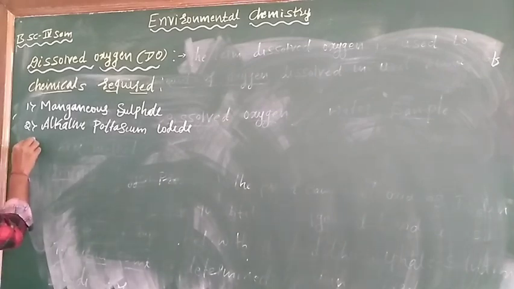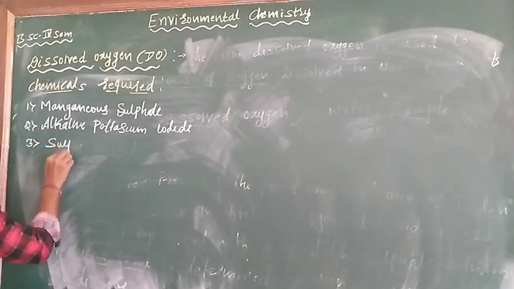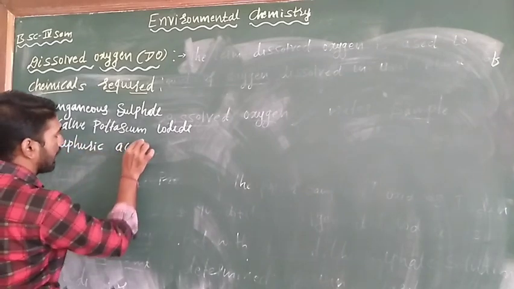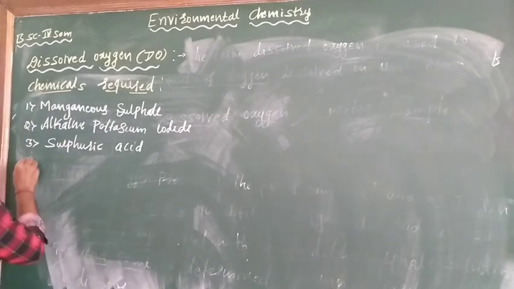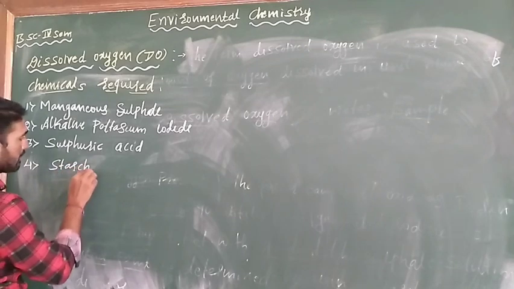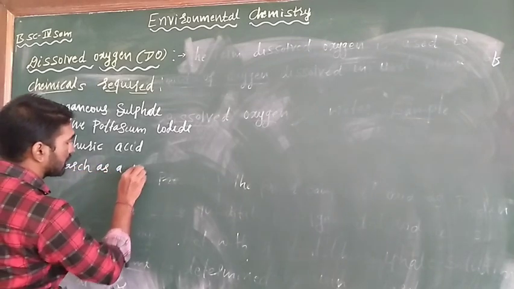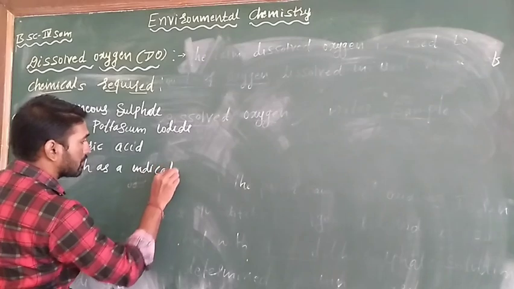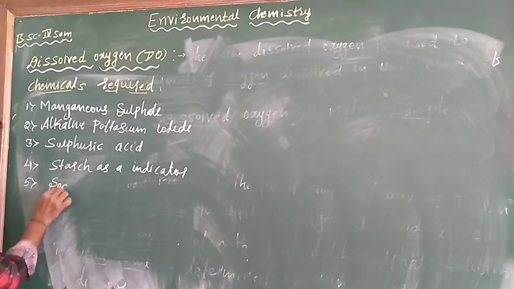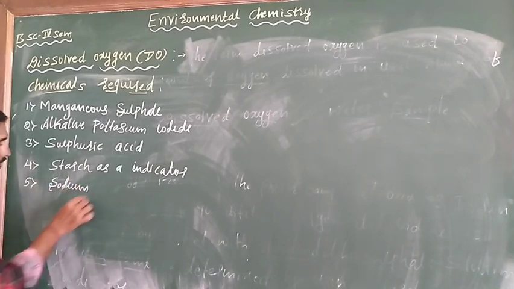Third one is sulfuric acid. And fourth one is starch as an indicator. And sodium thiosulfate, fifth one.